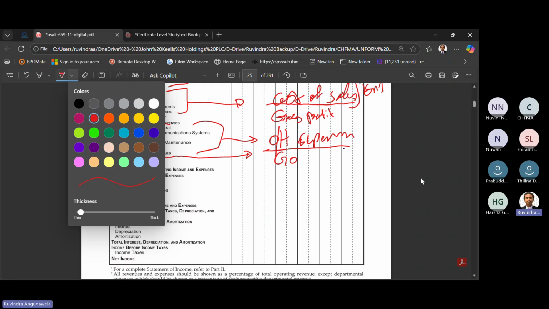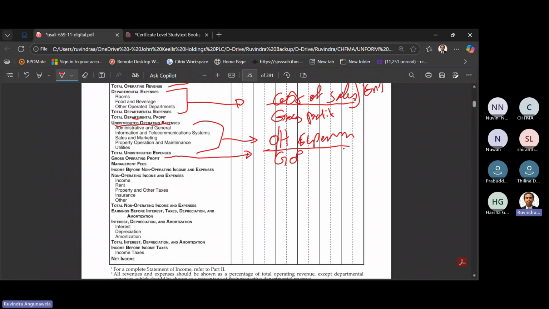So we looked at the GOP. Then the management fee came in, and after deducting the management fee from the GOP, you get something called income before non-operating income and expenses.